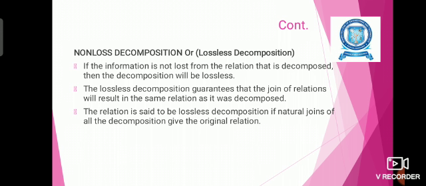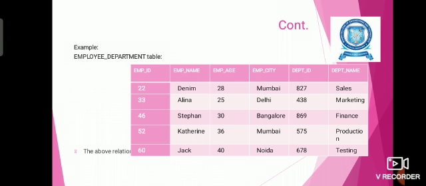If the information is not lost from the relation that is decomposed, then the decomposition is lossless. Lossless decomposition guarantees that the join of the relations will result in the same relation as it was before decomposition. So a relation is said to be a lossless decomposition if the natural join of all the decompositions gives the original relation. Now let us see one example.